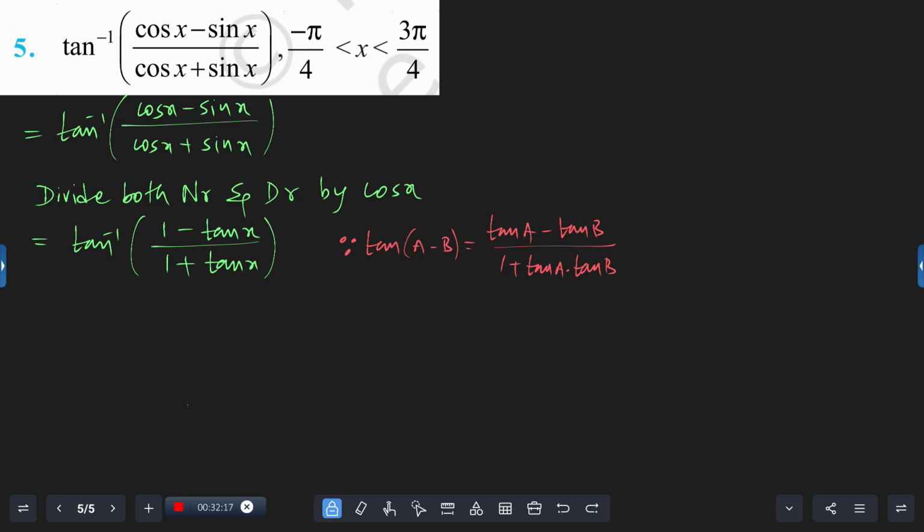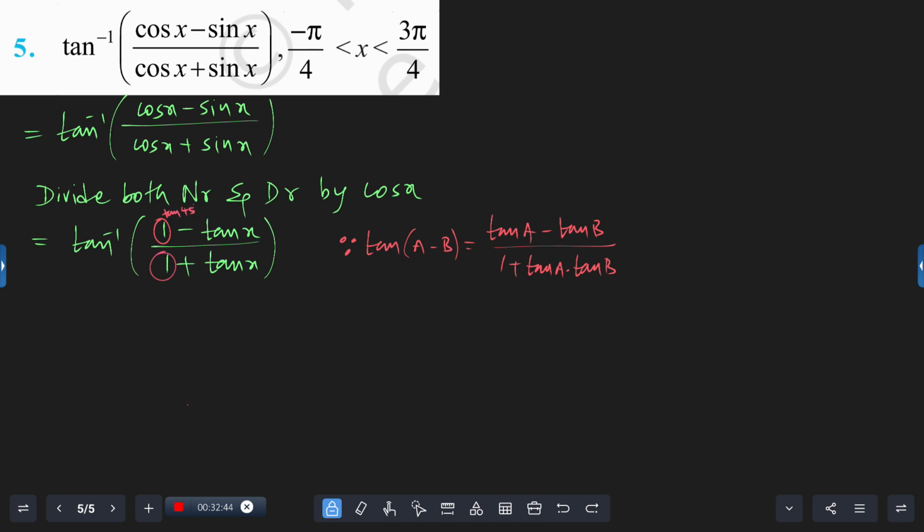Here we have tan B, instead of tan B, tan x. But instead of tan A, we have 1. But it should be there as tan, right? Then how can we write 1? Yes, the 1 we can write as tan 45. This one we can write as tan 45, and the same for this one.